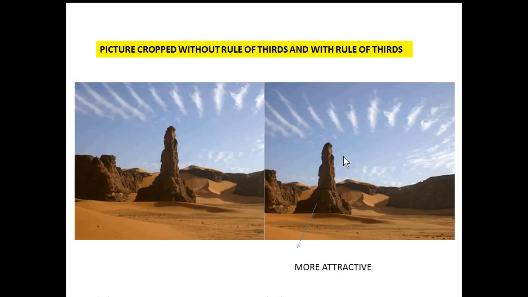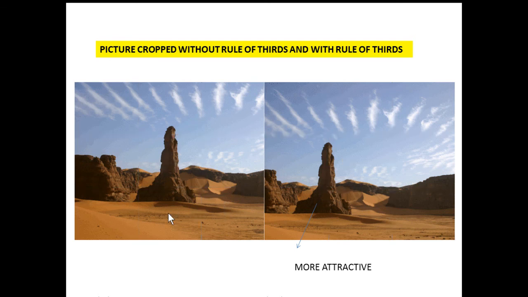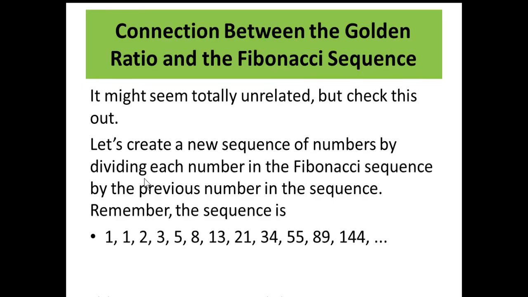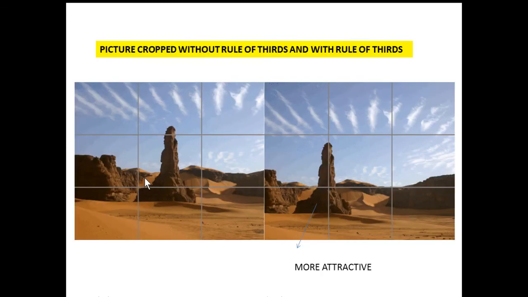These are two pictures, and this one is cropped without using the rule of thirds. So once again I'm telling you what the rule of thirds is. Rule of thirds means you have a picture, you divide it into 3 by 3 squares or rectangles, a 3 by 3 matrix like this.